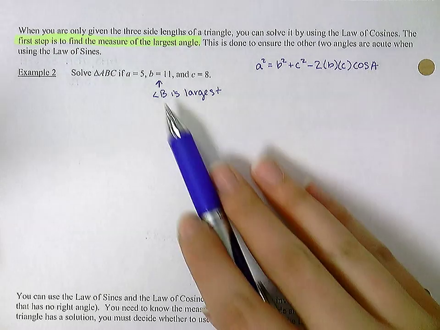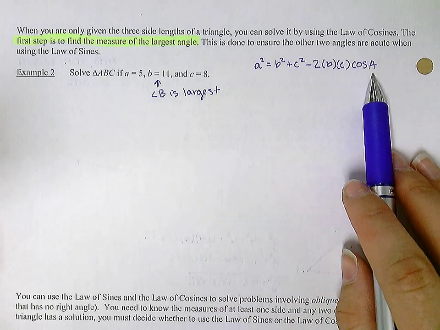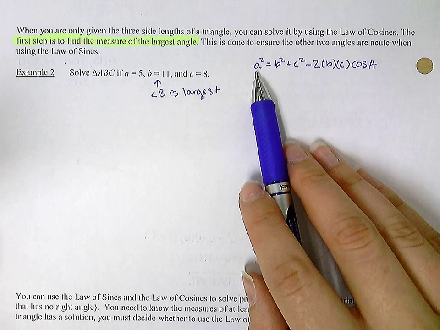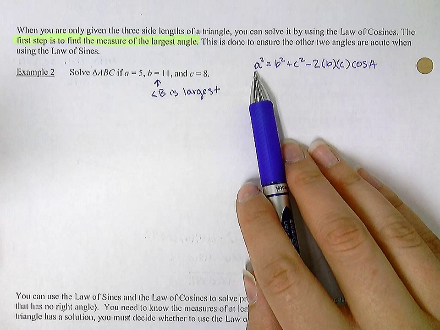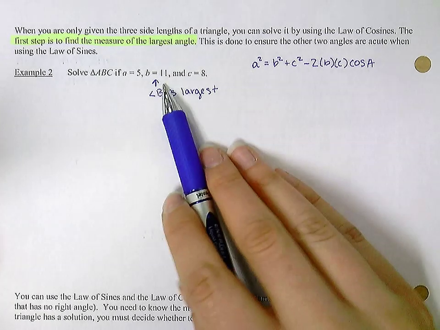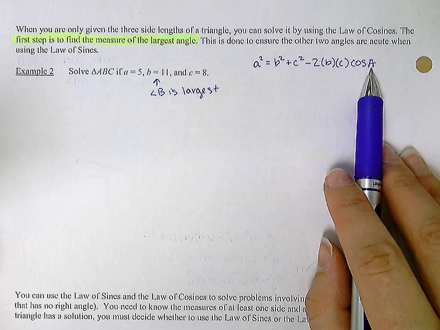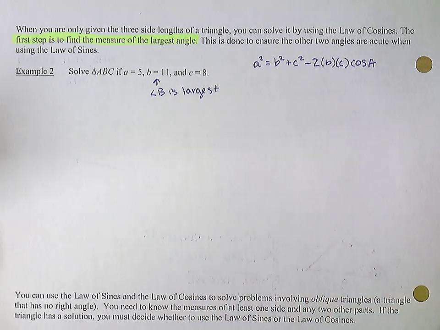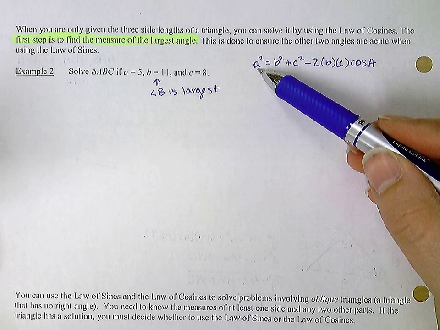Okay, I want to find angle B first. So my variable, angle B, has to go in this spot. Meaning what has to go in this position right here? 11. Because we're finding B, not A. So if I plug in B here, that means lowercase b has to go in this spot.